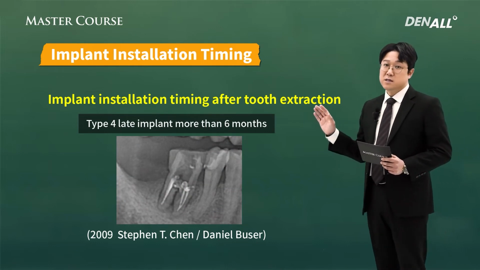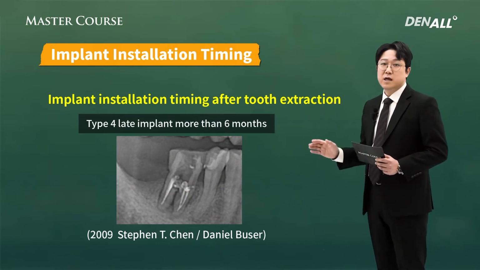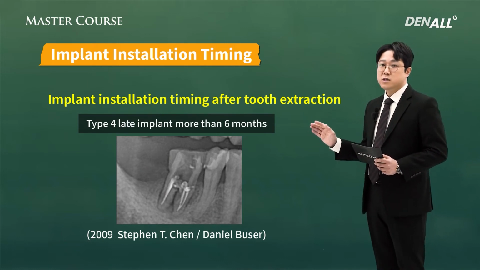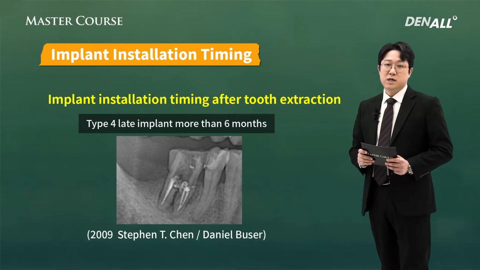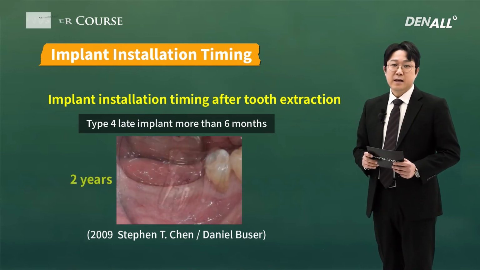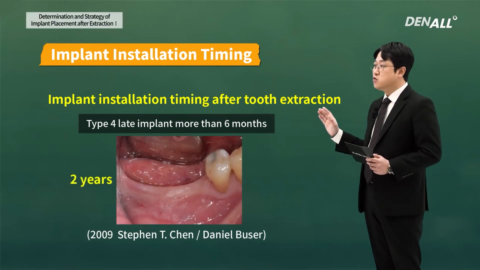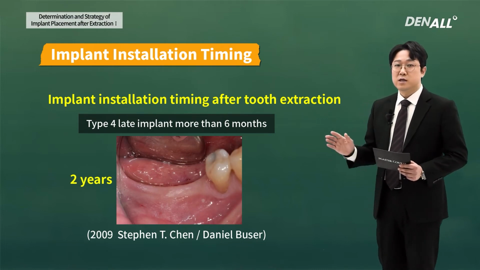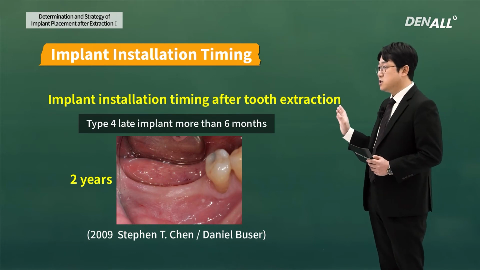Type 4, you wait for over 6 months. Buccal bone loss and tooth caries led to tooth extraction. In number 46, the patient returned after 2 years. This is the oral state when she came in.